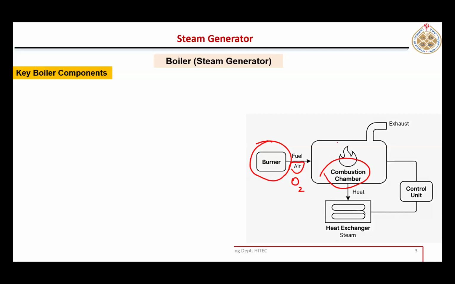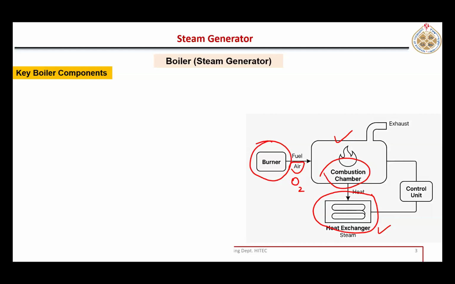So here is the combustion chamber where this combustion actually takes place. From this combustion chamber, these hot gases are sent into a heat exchanger. Within this boiler, there is this part where heat is exchanged between the water and the gases.